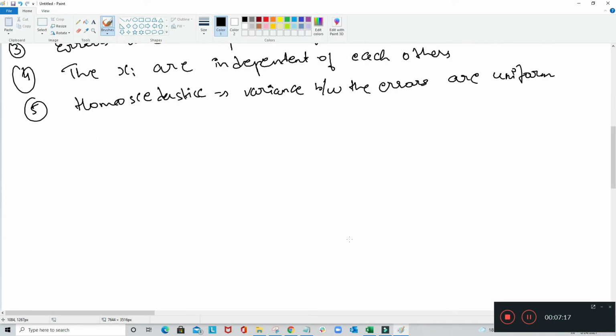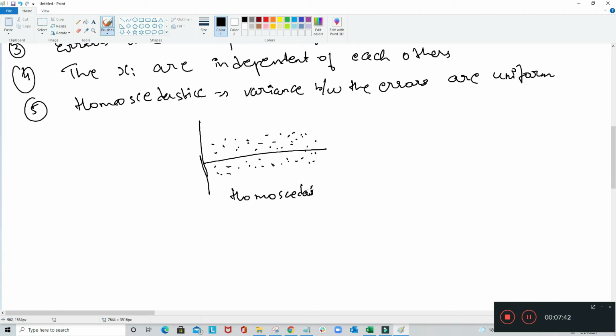When I plot the errors, the plot should be like this. The variance is constant between the errors. This is called homoscedastic.